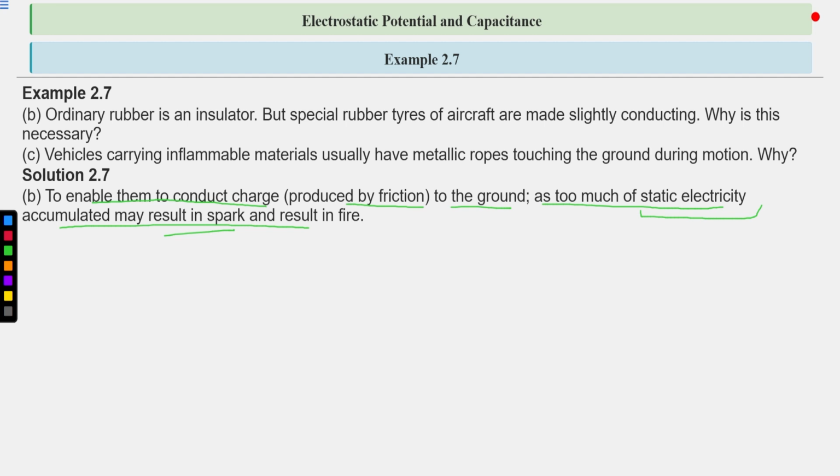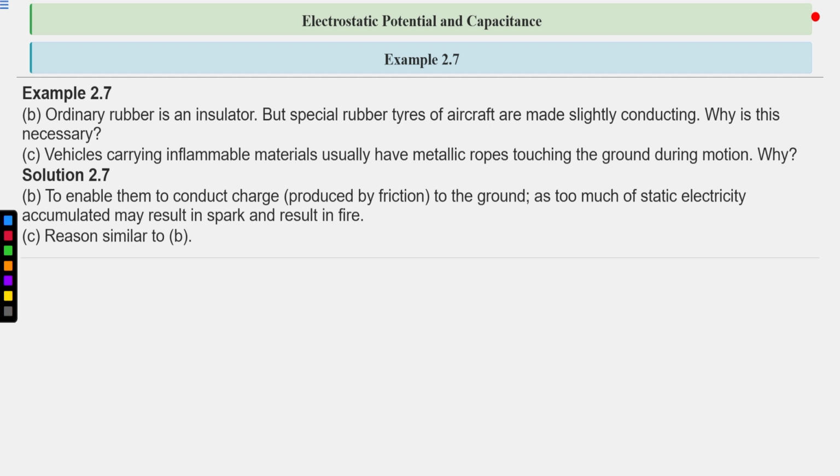So to avoid that, the rubber tires of aircraft are made slightly conducting so that the large amount of static electricity that is accumulated will go into the ground, will be dumped into the ground. So accumulation of charges is reduced to avoid spark or fire conditions. And the reason for C is also the same. When there are inflammable materials in the vehicle, then metallic ropes.